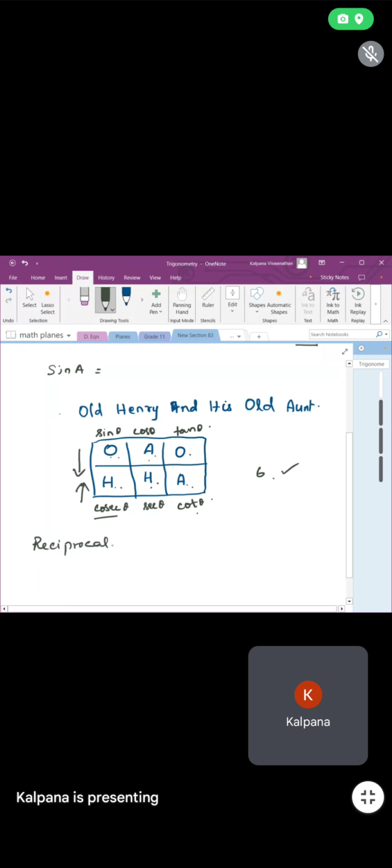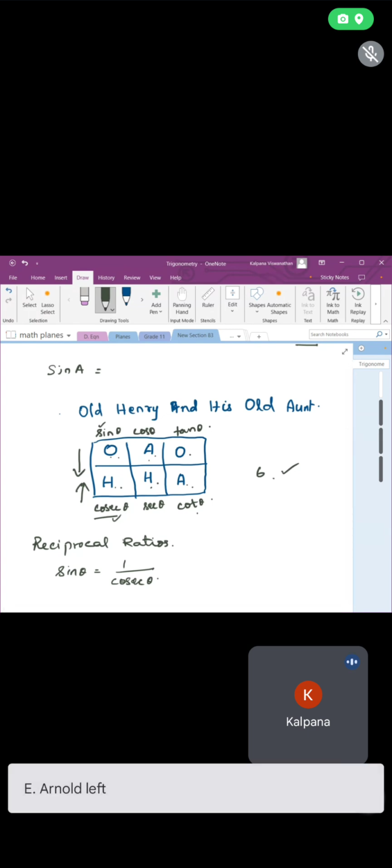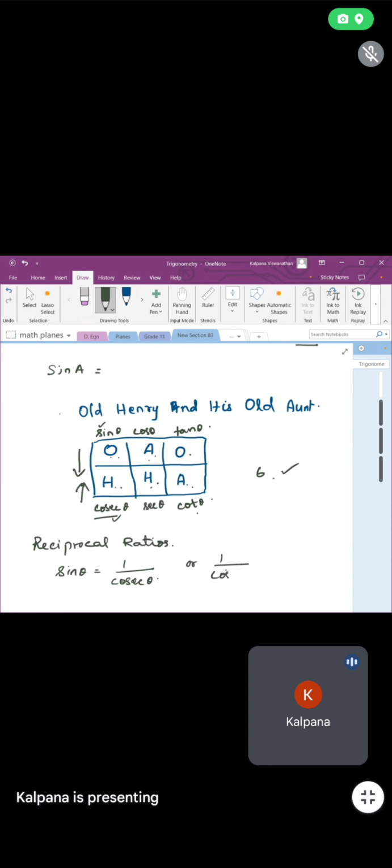Reciprocal ratios. Reciprocal means what? What is the reciprocal of sine? Sine theta is equal to 1 by cosecant theta. So you have sine on top, below that it is cosecant. So sine and cosec are reciprocal. If I ask the reciprocal of cosec, it is 1 by sine theta. 1 by sine theta is equal to cosec theta.